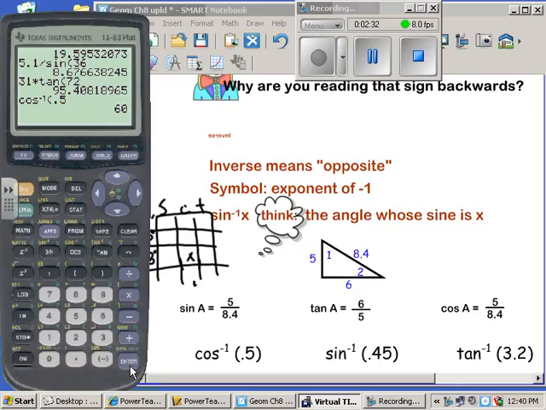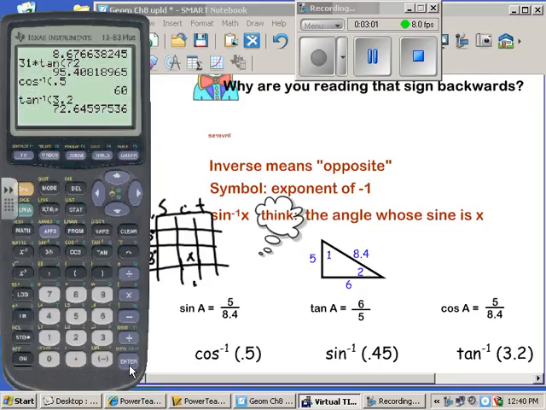Okay, 72. There you go. Okay? Everybody get 72.7? Okay. Right? Because you do second tangent, that gets me inverse tangent of 3.2.